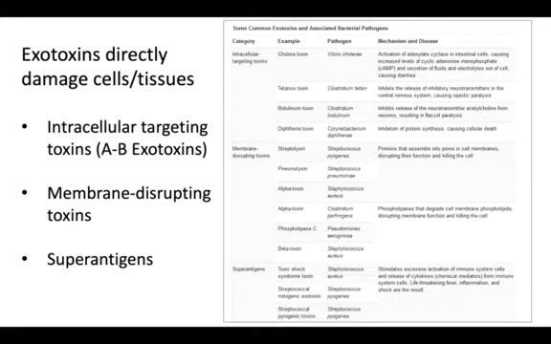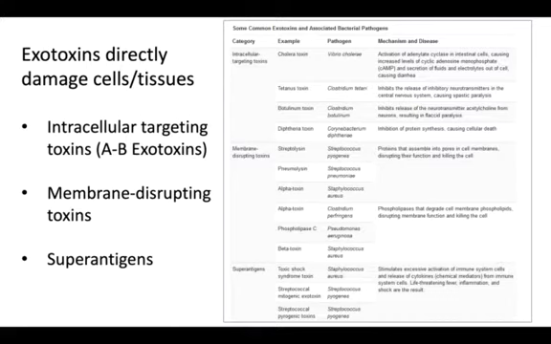All right, a little bit about exotoxins, and I think we're going to be ending here. Exotoxins, again, those are made by gram-positives mostly, and they are the guys that directly damage cells and tissues. So if you think of the word exo, think of out of. So these are the toxins that are released from the bacterial cell into the environment, and they are the ones that cause the damage.